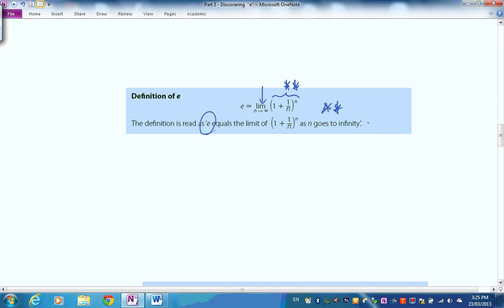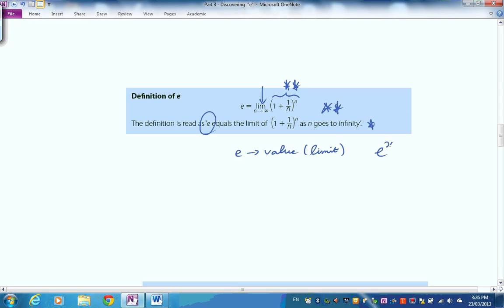And here we have it in words. The definition is read as e equals the limit of that as n goes to infinity. So e is tending to some actual value, and we're calling that the limit of that expression as we put bigger and bigger n's in there. Why do you think we've called this number e? Well, it's e for the exponential, of course. It is the most interesting base that you can make an exponential function from.